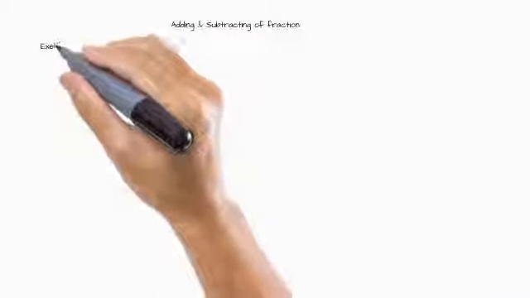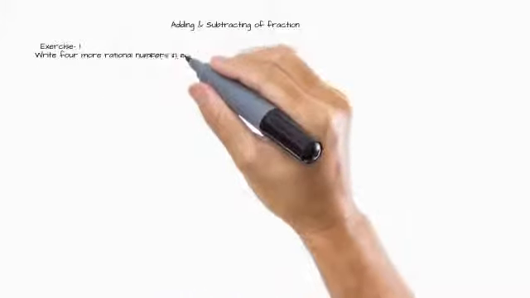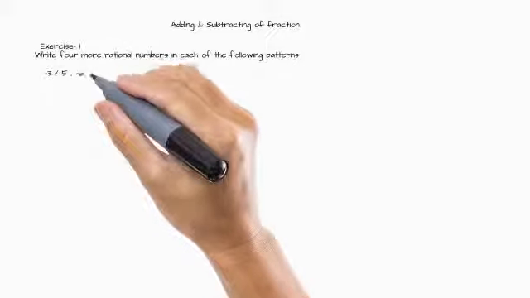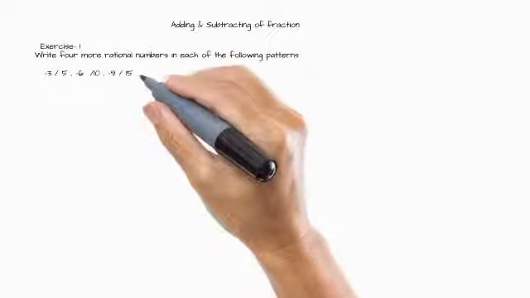Adding and subtracting fractions. Exercise 1. Write 4 more rational numbers in each of the following patterns: -3/5, -6/10, -9/15. How can we find the next fractions in an easy way? The first fraction is -3/5 and the second fraction is -6/10.